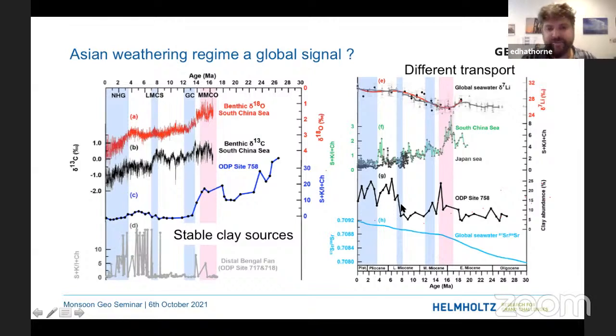This is a different transport mechanism here, but it could be that this is a regional signal, and with Asia being so important for global sediment supply and silicate weathering, it could be that this signal is showing up in, say, seawater lithium isotopes here. This is a decrease in weathering intensity, and also the change in the strontium isotope. So the slope decreases here, which would be less continental input. So if you have a decrease in weathering intensity, you can have that.